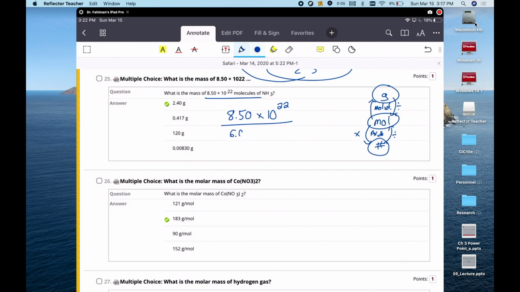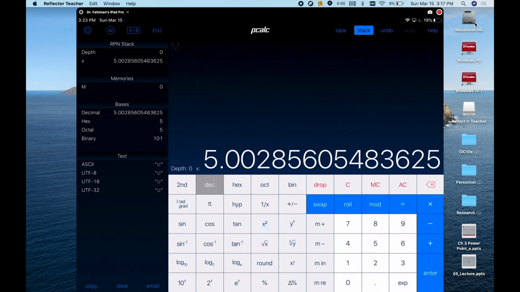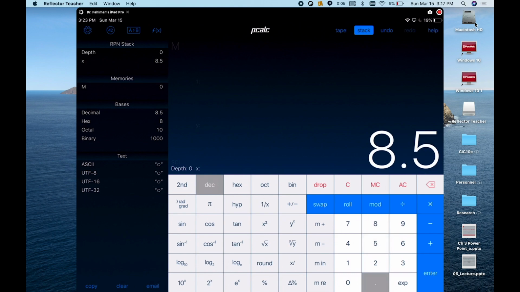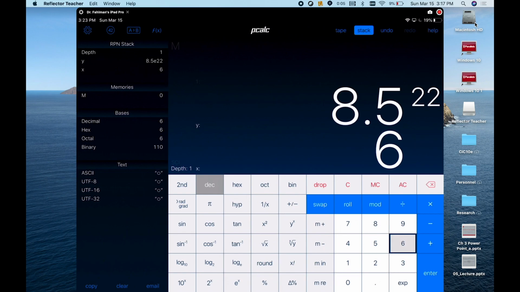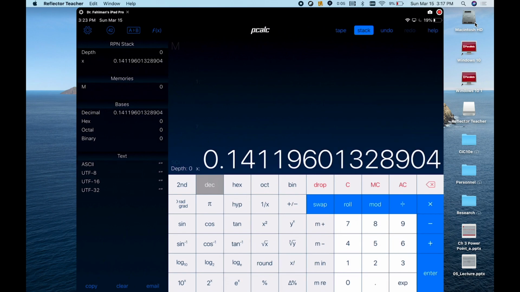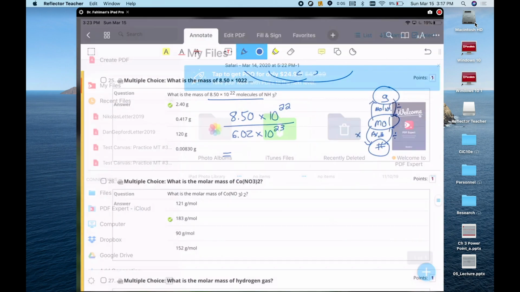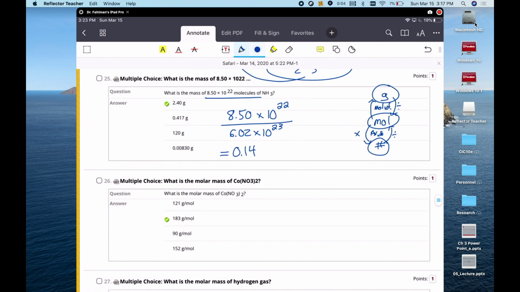Divided by 6.02 times 10 to the 23rd. 8.5 times 10 to the 22nd. So that's 0.141 moles.